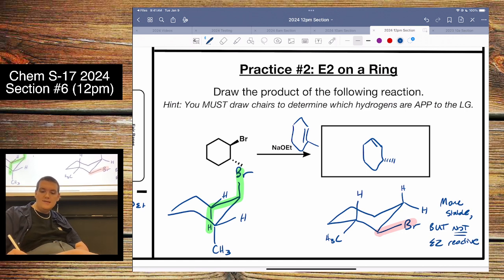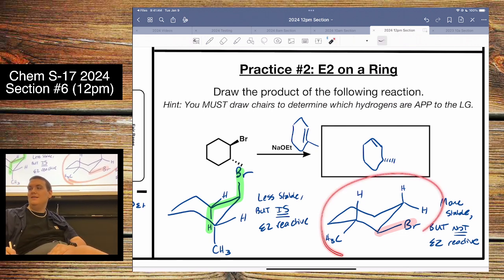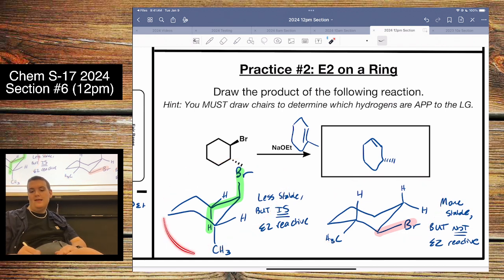Whereas the left one is less stable, but is E2 reactive. And remember, these two conformations, the molecule is wiggling, going back and forth, doing chair flips. So even though it's going to spend more time in this more stable position, it will go to this less stable position, which can do E2 reactions. And so you will be able to access this.